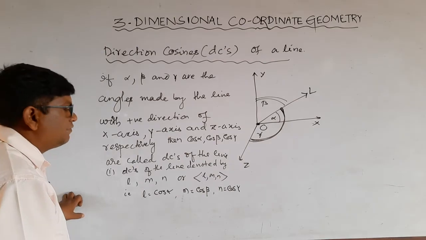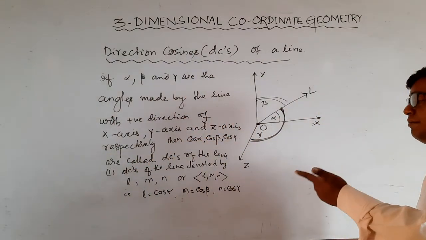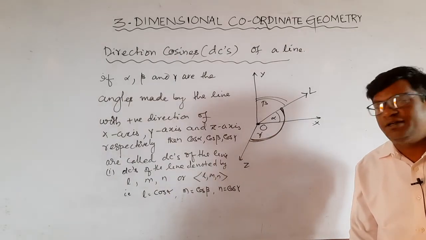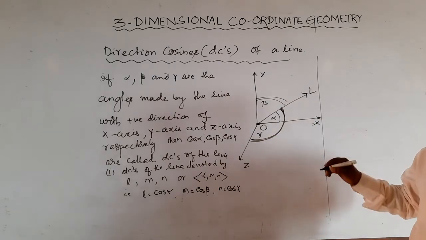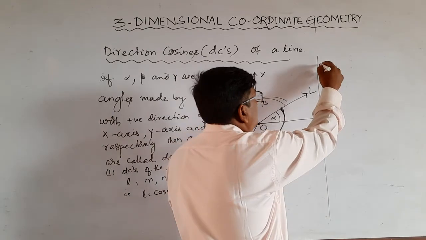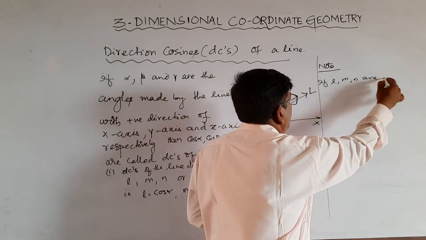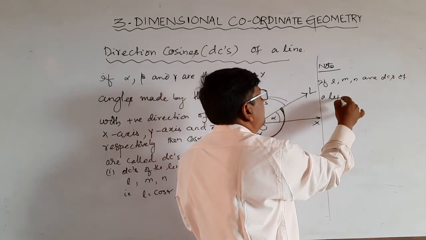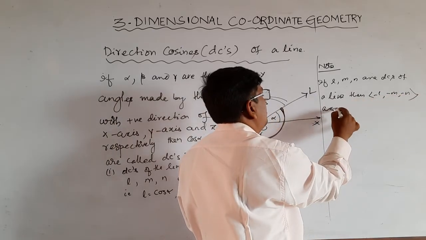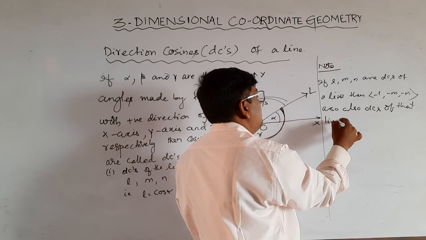Note: if l, m, n are DCs of a line, then minus l, minus m, minus n are also DCs of that line, in the opposite direction.